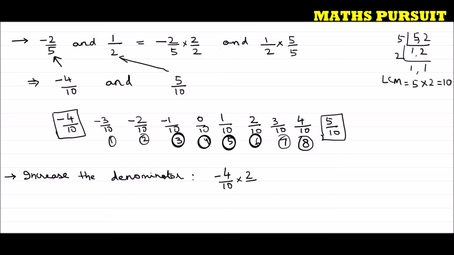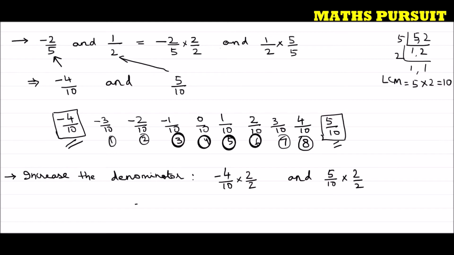I cannot only multiply 2 to the denominator, I need to also multiply 2 to the numerator. So to minus 4 upon 10 I multiplied 2 upon 2, and to 5 upon 10, that is 1 upon 2, I multiplied 2 upon 2.